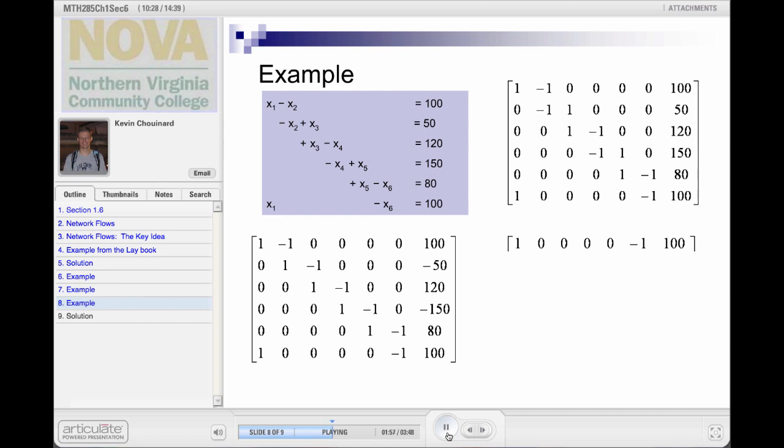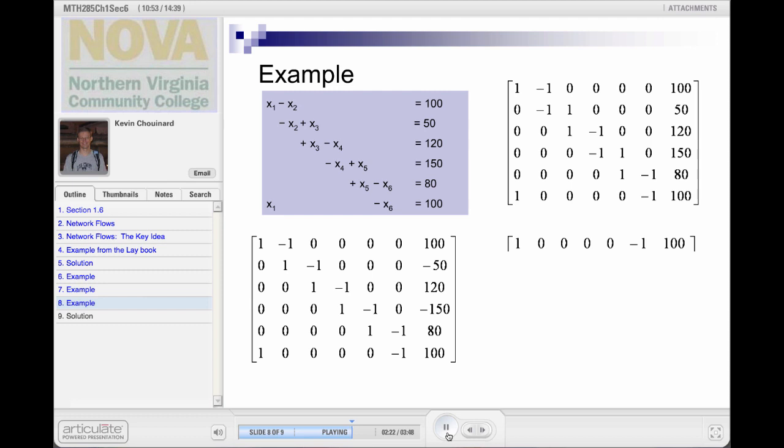And what that does is you can see that in the second, third, fourth, and fifth columns, when I add rows 1 through 5, there's exactly one 1 and one negative 1 that will cancel each other out, leaving just the 1 at the beginning and the negative 1 in the 6th entry of this new first row. So add rows 1 through 5 to get this row.